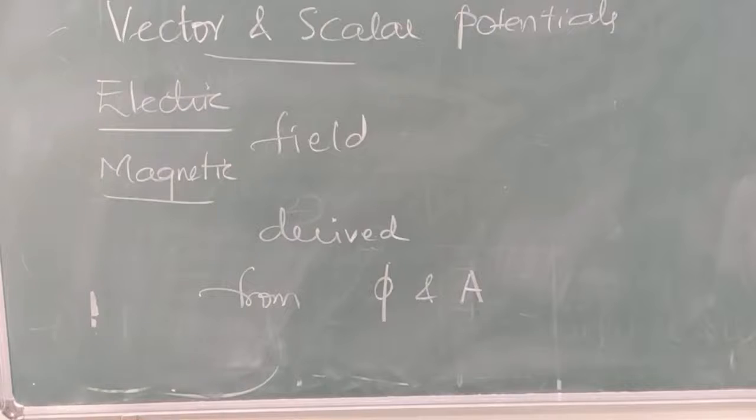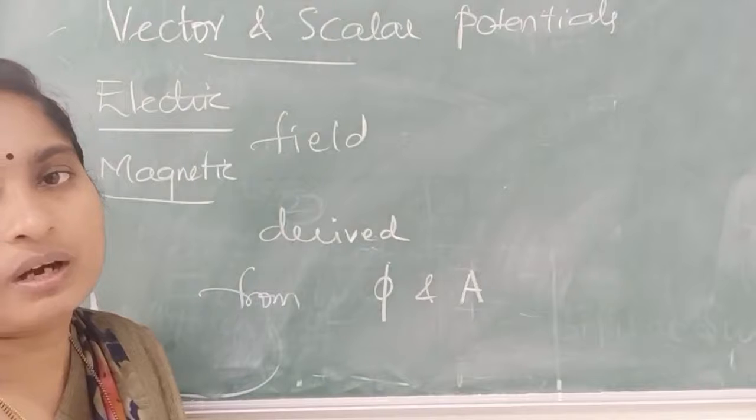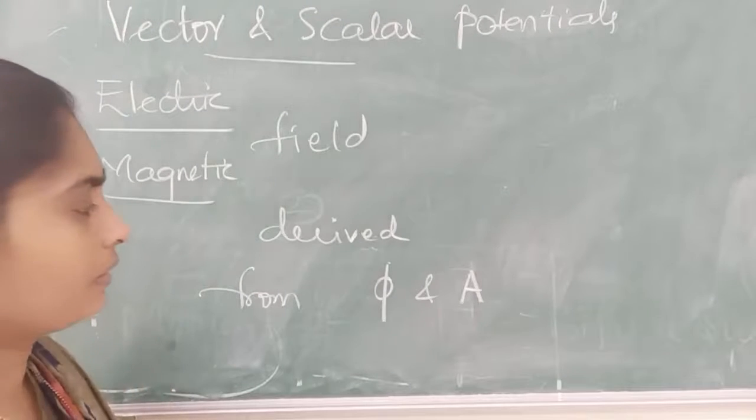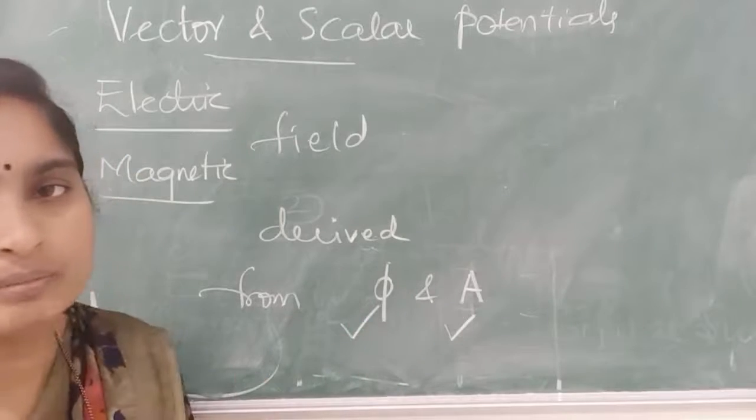For deriving those, first we have considered some equations. What are those? Maxwell's equations. So now let us discuss Maxwell's equations. To understand vector and scalar potentials, first we need to understand what the potentials are and how they are represented.